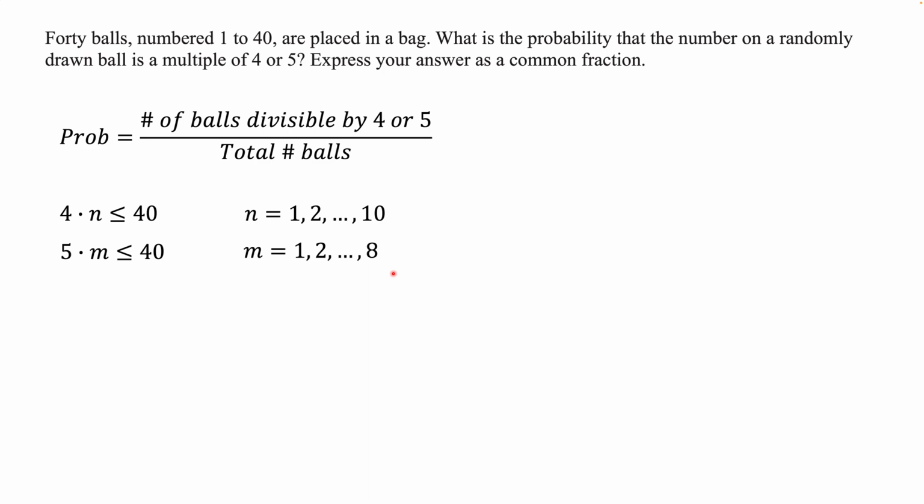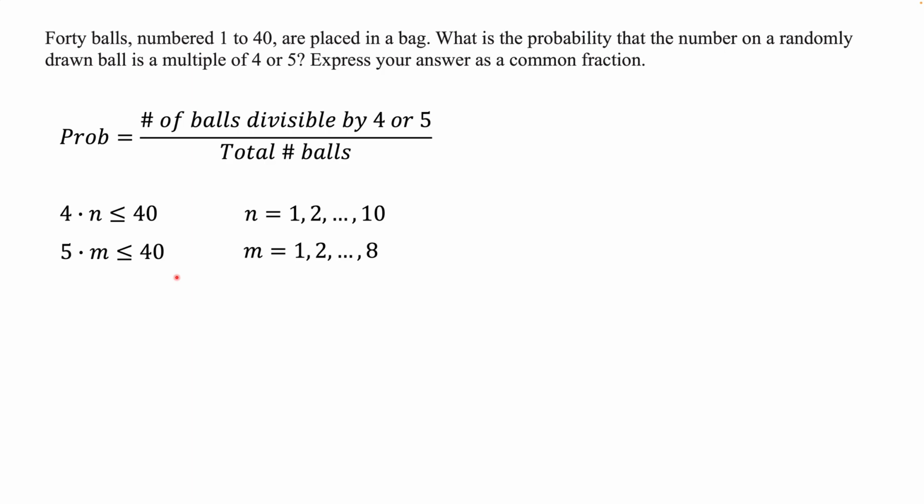there's one more complication, and that is, when we look at the balls from 1 to 40, there are numbers that are both divisible by 4 and by 5. And those numbers we counted twice, once when we counted numbers divisible by 4 and once when we counted numbers divisible by 5.